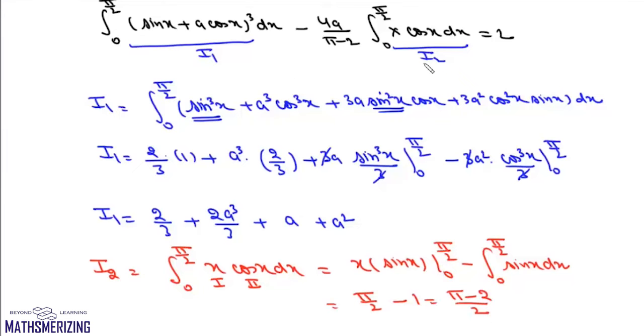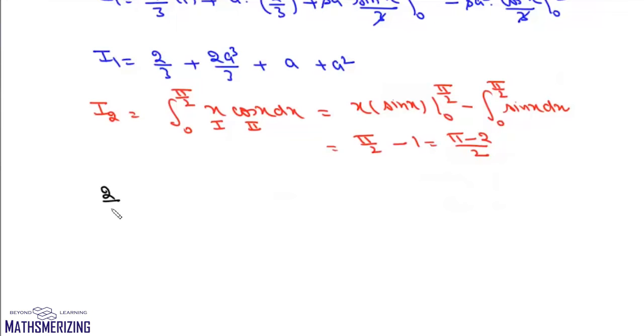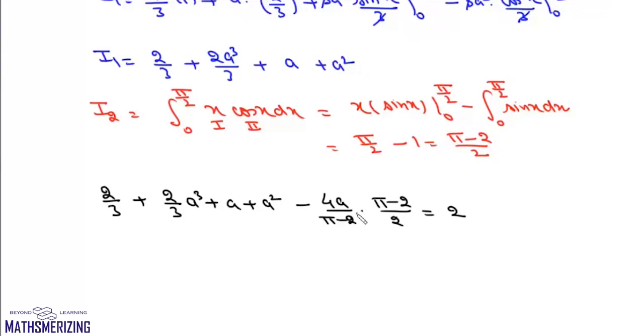Now we'll put the value of I1 and I2. So we can write 2 by 3 plus 2 by 3 a cube plus a square minus 4a upon pi minus 2 into pi minus 2 by 2, and it is equal to 2. Now this pi minus 2 will cancel. This 2 will also cancel.